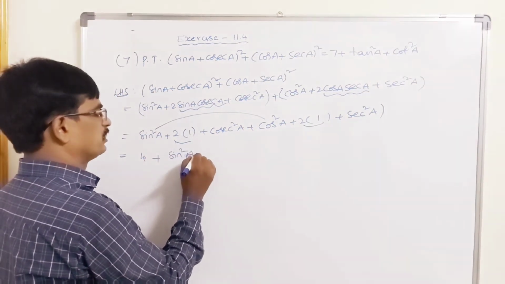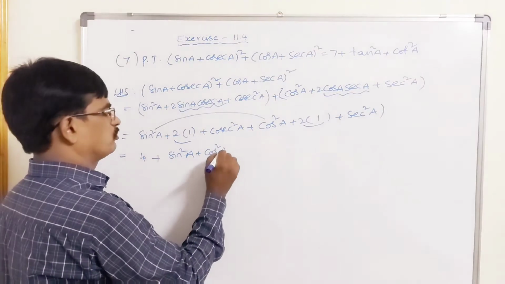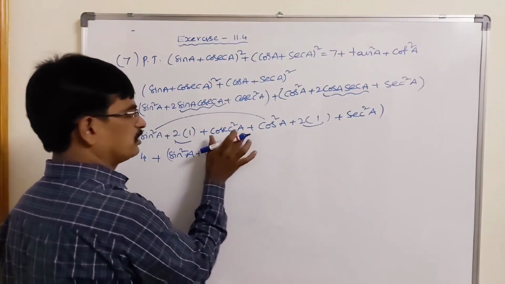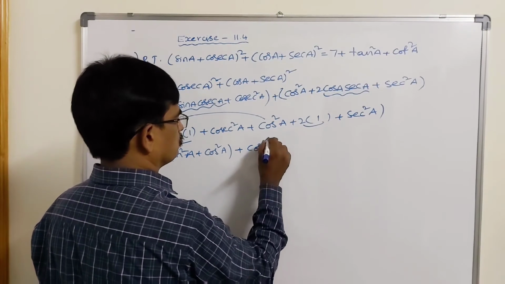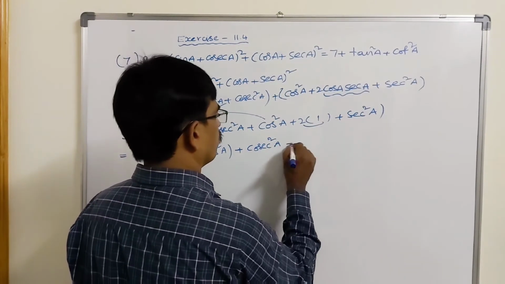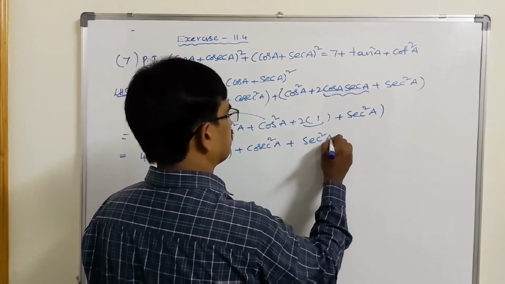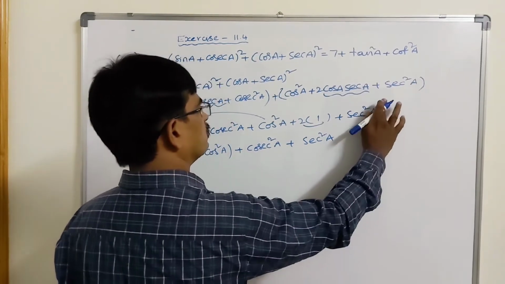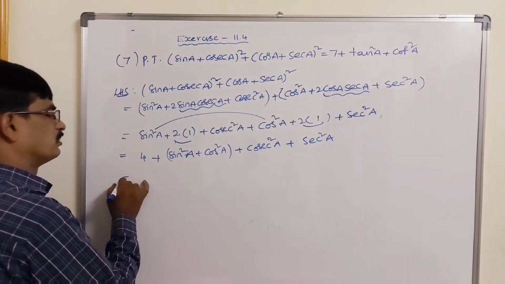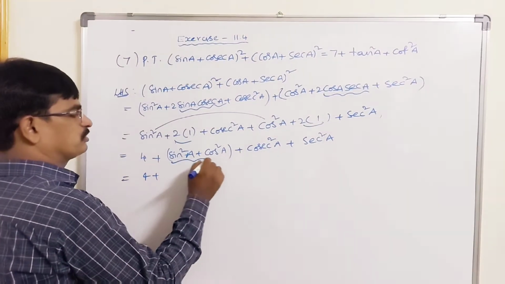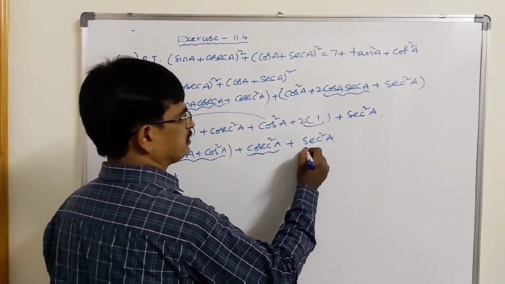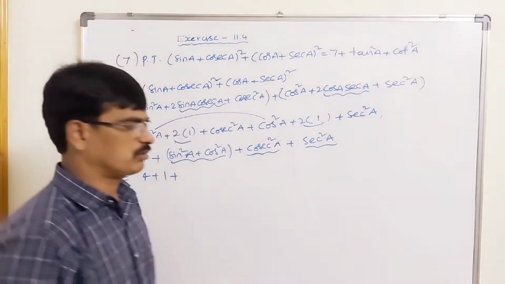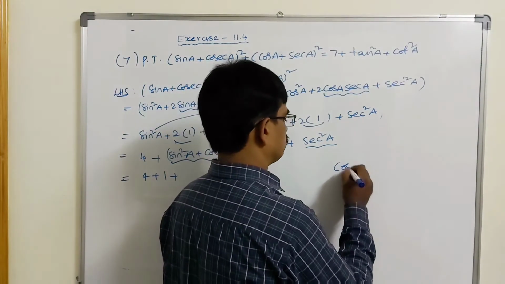Sin square A plus cos square A, later here cosecant square A plus secant square A is there. 4 plus sin square A plus cos square A is 1, plus cosecant square A plus secant square A. So write the identities.